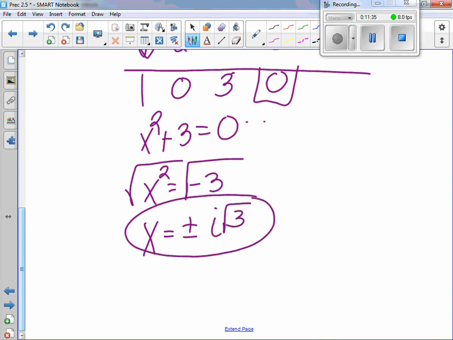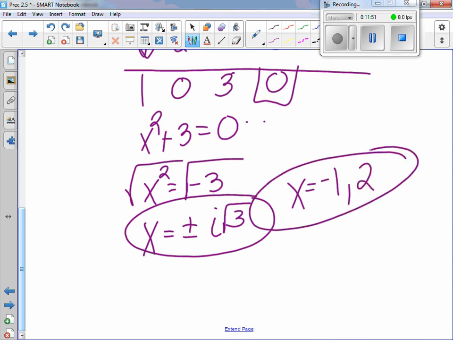I square root of 3. The textbook, I believe, will write it as square root of 3 i, but I like writing the i first just so it doesn't somehow magically migrate inside the root. These are our 4 roots, yes? And what was the degree? How many solutions do we have? How many should we have? 4. We're done. That's it.